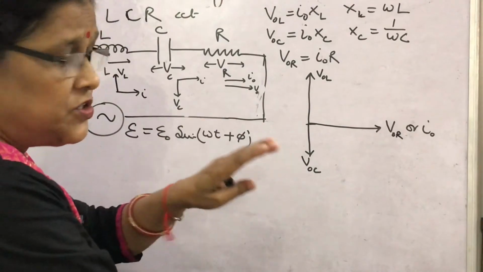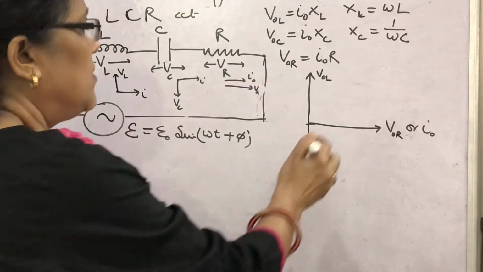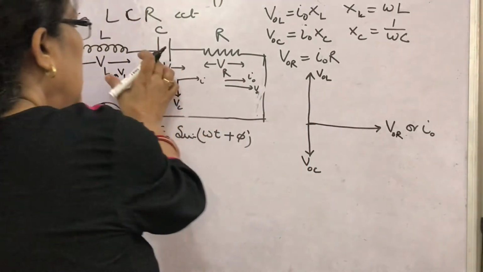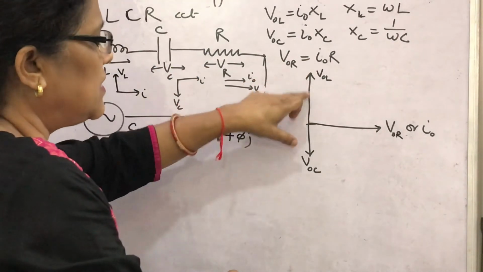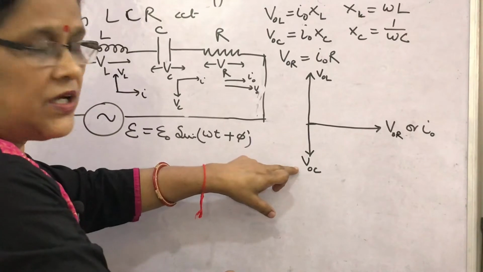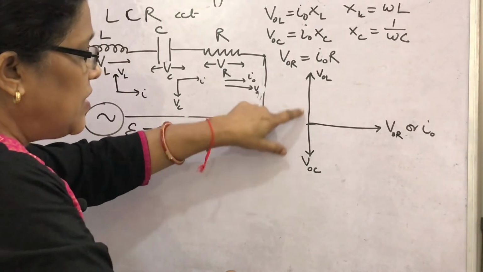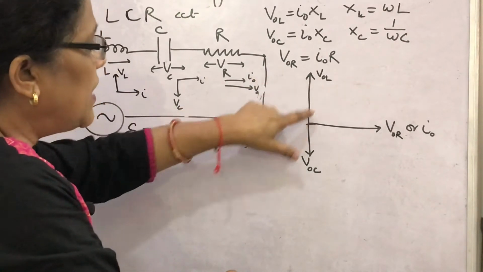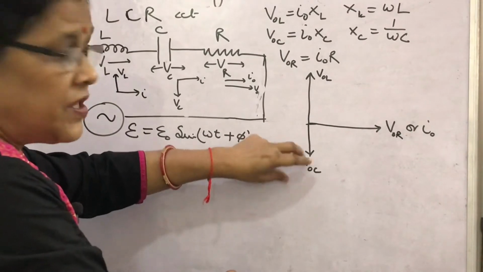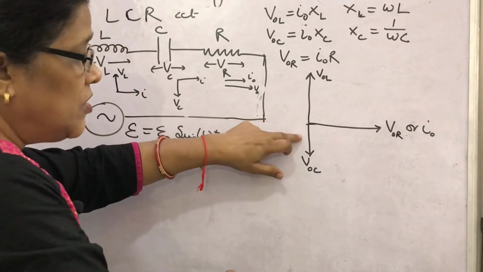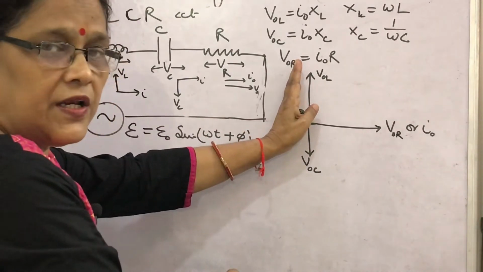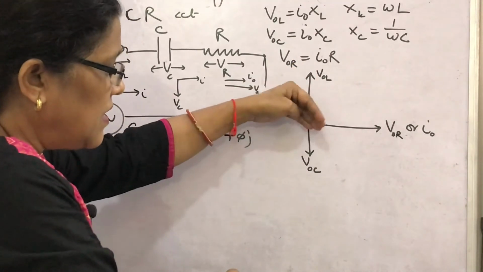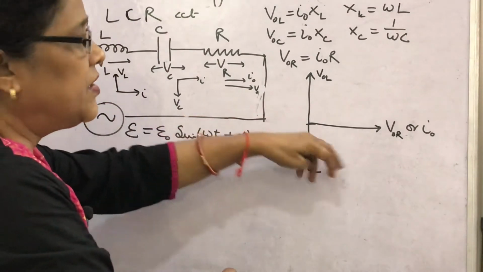If we assume that XL is greater than XC, or V naught L is greater than V naught C, then since these voltages V naught L and V naught C are out of phase, because voltage across coil leads by 90 degree and voltage across capacitor lags behind by 90 degree with the current.